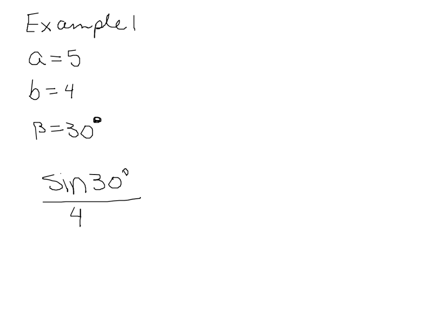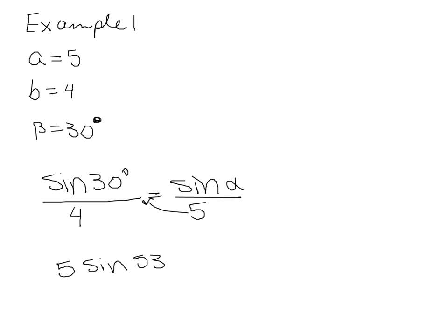So sine beta over 4 is equal to sine alpha over A, and A is 5. So I start off by solving for sine alpha. So I get 5 sine 30 over 4 is equal to sine alpha.